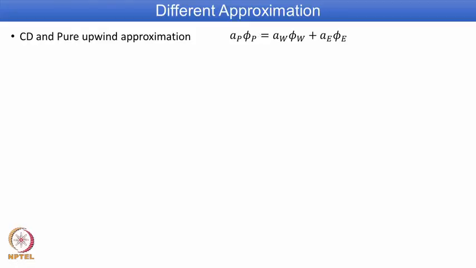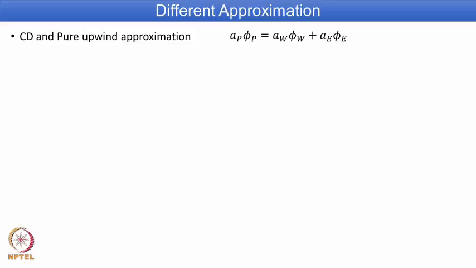We have seen so far mainly 3 approximations: central differencing type, pure upwinding and QUICK scheme. In this slide we will see all of them together, to get an idea of how these coefficients differ for each scheme.